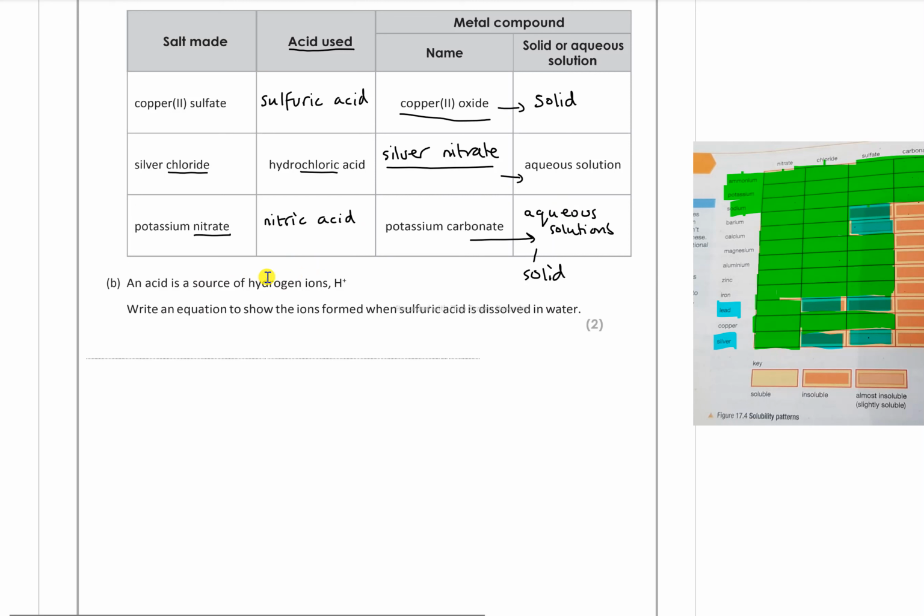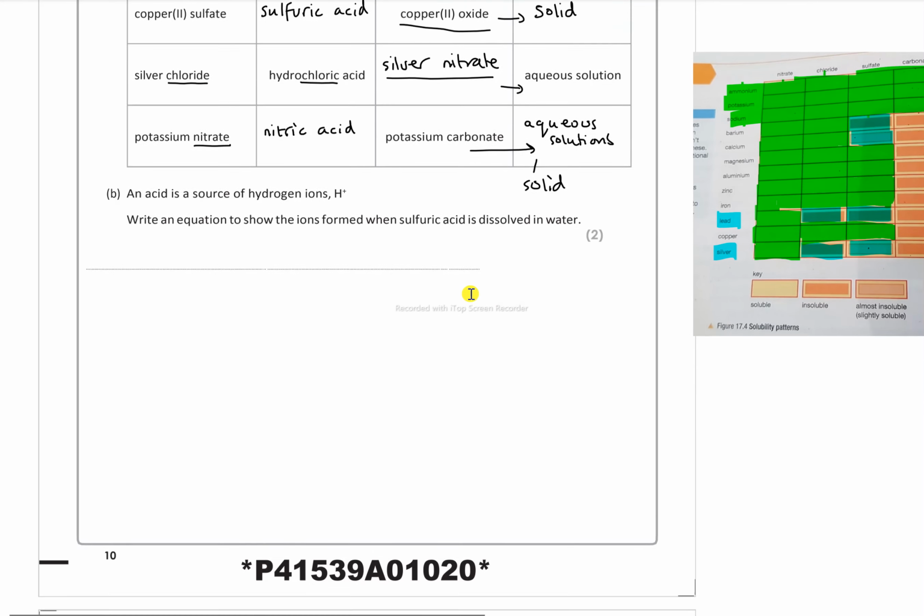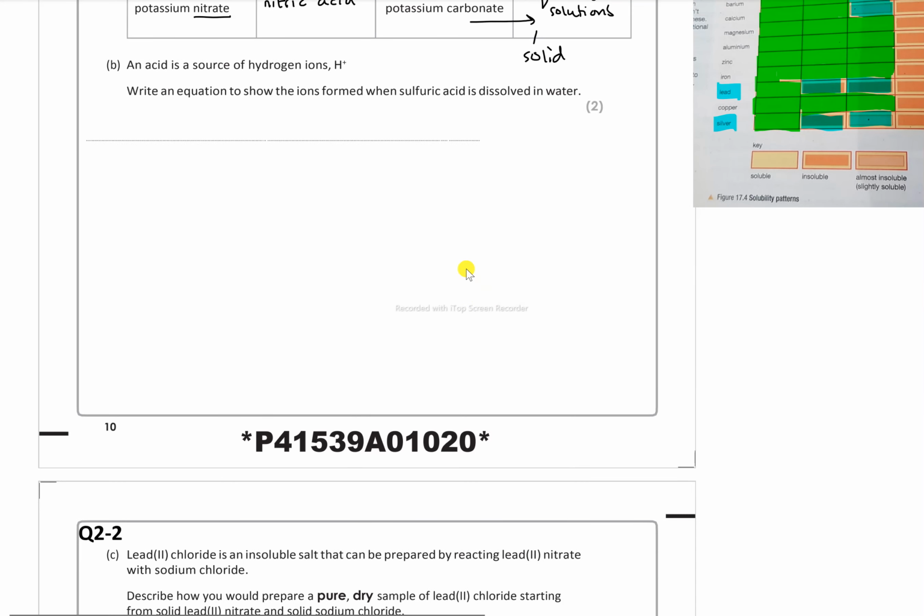An acid is a source of hydrogen ions. Write an equation to show the ions when sulfuric acid is dissolved in water. So we know it's H2SO4. Show the ions formed. So you're going to end up with SO4 2 minus, and you've got H plus ions, and you've got two of those.